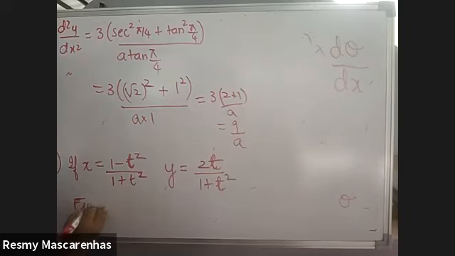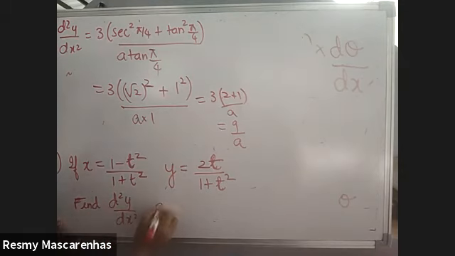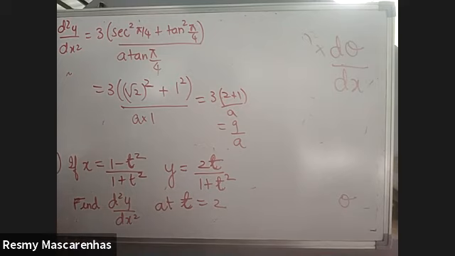Find d square y upon dx square at t is equal to 2. This is all t, 1 minus t square upon 1 plus t square. This is 2t upon 1 plus t square. So take this will be u upon v formula.